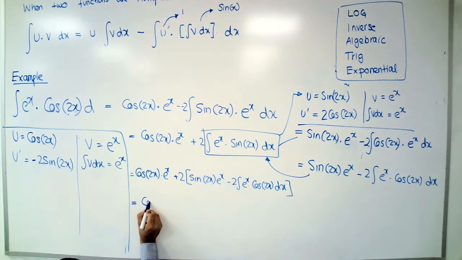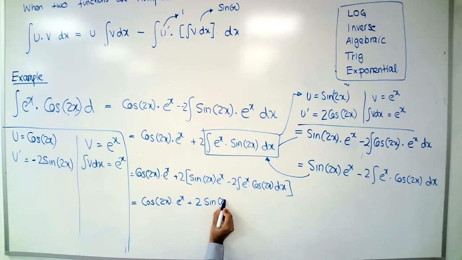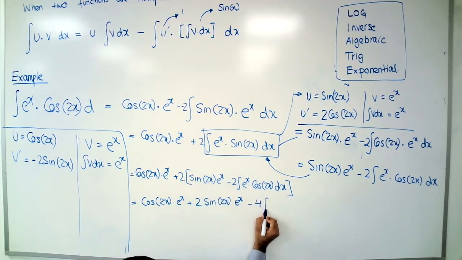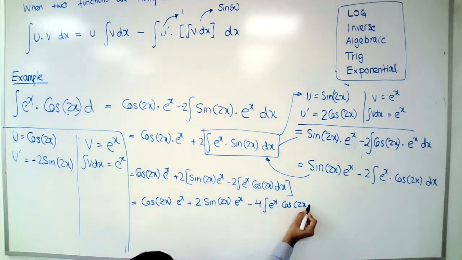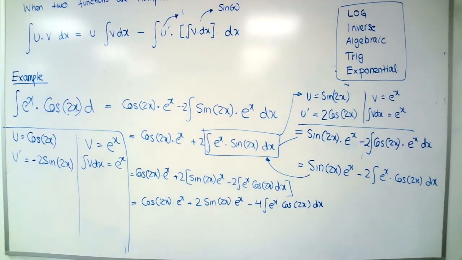I got cos 2x dot e to the x plus 2 sine 2x e to the x minus 4. 2 and 2 is a 4. 4 e to the x dot cos 2x dx. You can see I can't cancel anything, but I need to sort this 4 out. Okay, if you write it down, please.